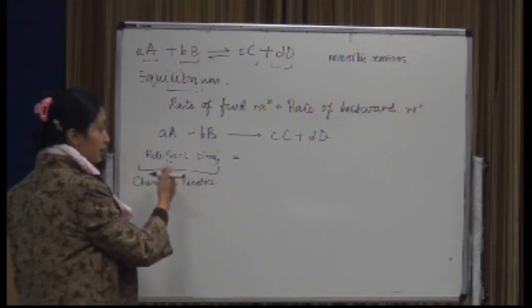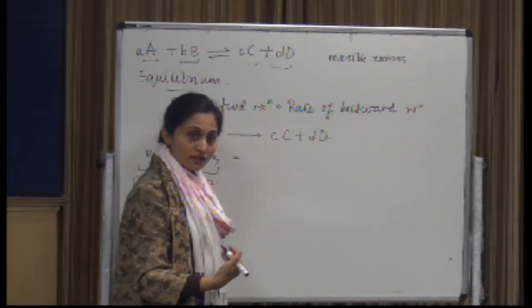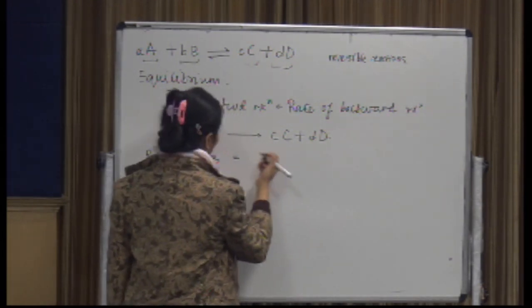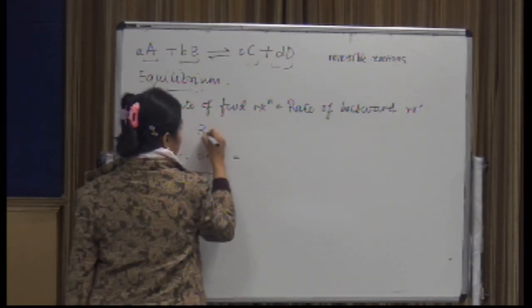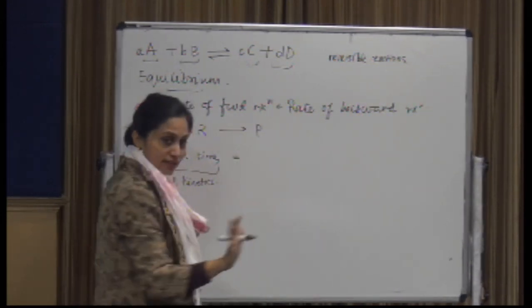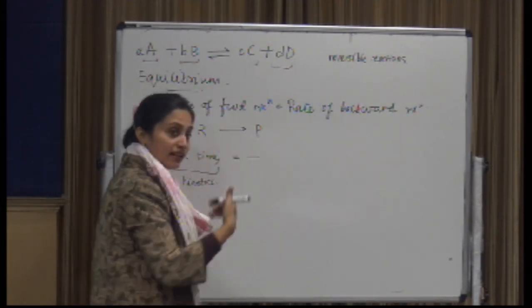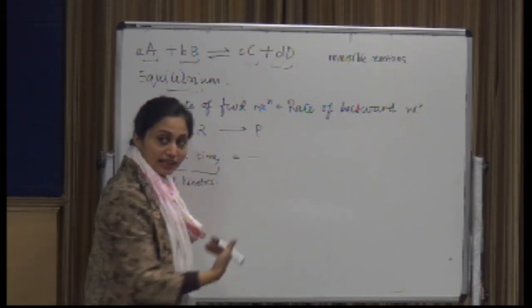Now what do you understand by rate? For the reactants, they are getting reduced with time. So if I have a normal reaction, say I just changed this to reactants giving products. You understand this? Reactants giving products. So now I know that my reactants are getting reduced with time. So I put a minus sign to show that they are getting reduced.